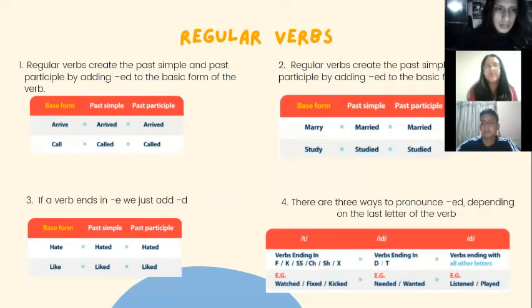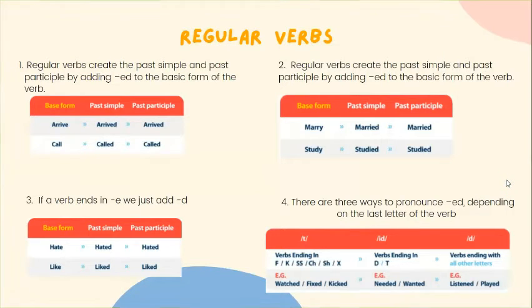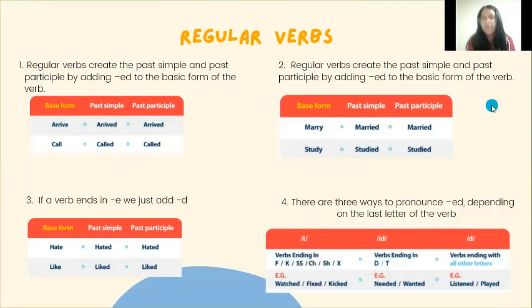Regular verbs. Number 1. Regular verbs create the past simple and past participle by adding ed to the base form of the verb. For example, base form arrive, past simple arrived, past participle arrived. Number 2, regular verbs create the past simple and past participle by adding ed to the basic form of the verb.